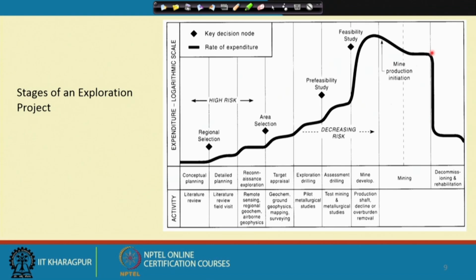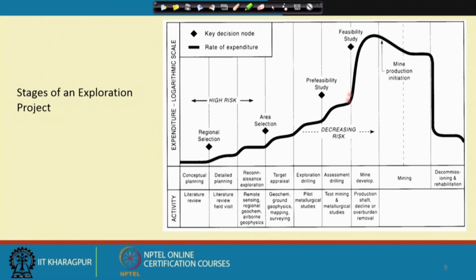So, in this mine activity the cost involved becomes less because the mine starts to get revenue, selling the ore or the metal that is being recovered, and then towards the last stage when the mine is closed, there has to be decommissioning and rehabilitation and so many things.